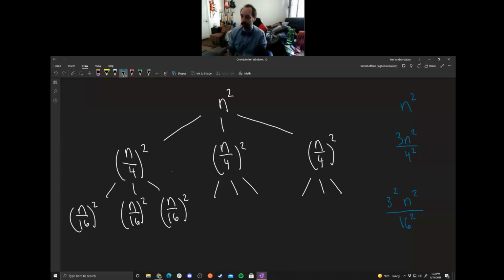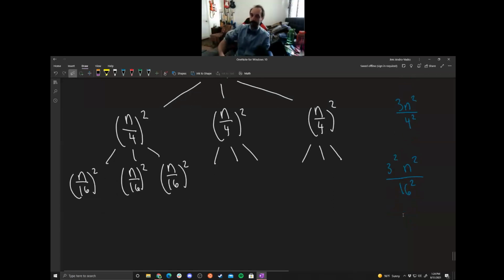After this we can do one more level, but we can already see a pattern: we're constantly increasing the level counter, and then we're taking 4 squared and squaring that. So we're taking 4 to the 0 power, then 4 to the first, second, and third, and we're going to square that.